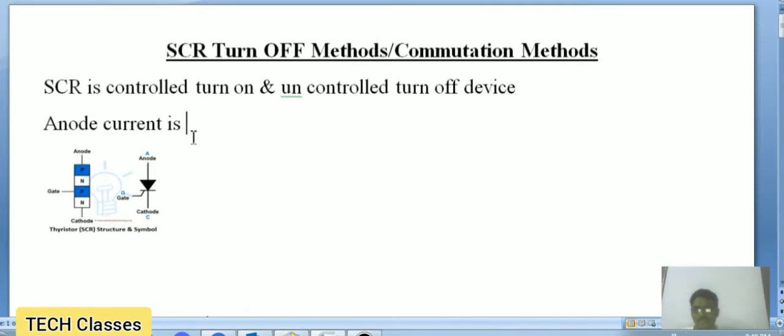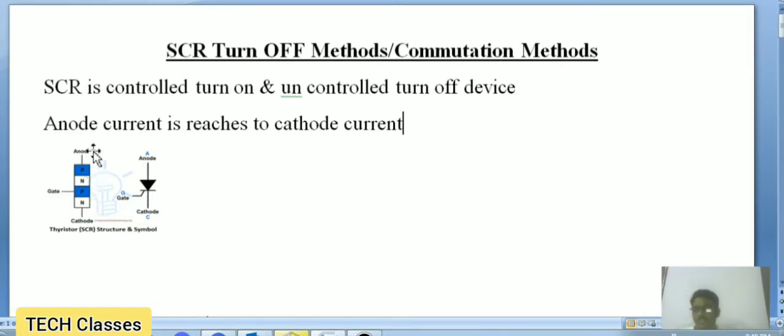So whenever the current flows from anode to cathode, the SCR is in on state. This can be achieved with the help of the gate terminal.